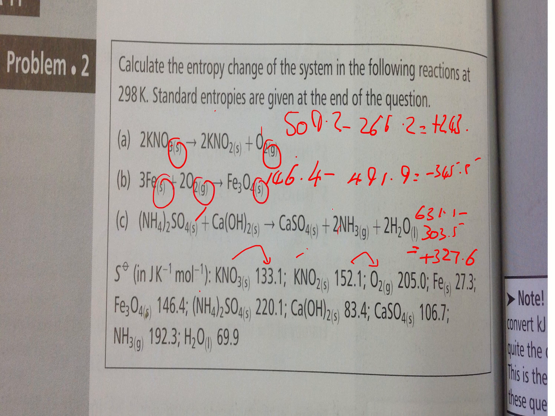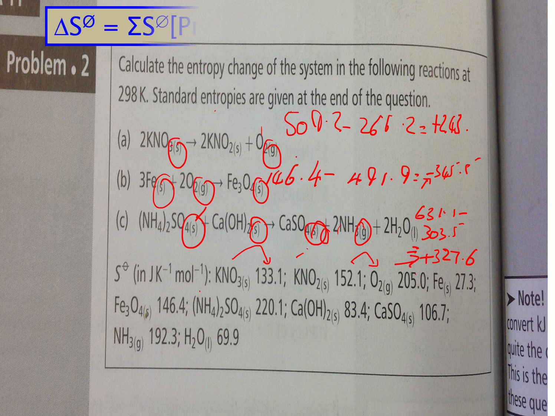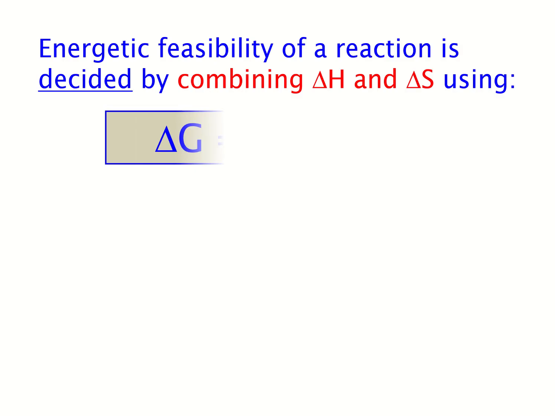I'd expect a big decrease in that second one, and we got minus 345, which concurs with what I would have thought. Here we have two solids going to one solid, and two gases and a liquid, so I'm expecting a big increase, so I get positive 327. So that's fine. I think we're pretty much spot on there.